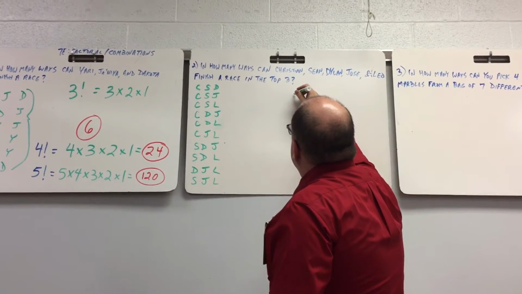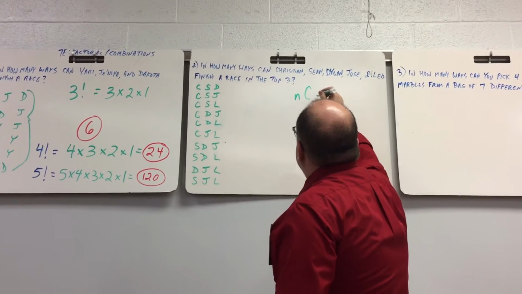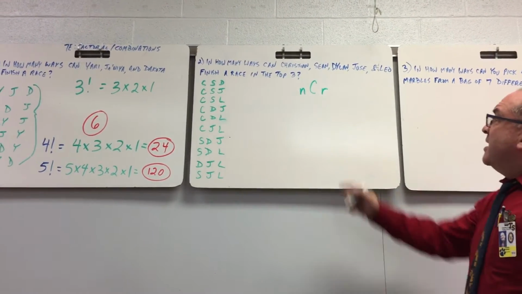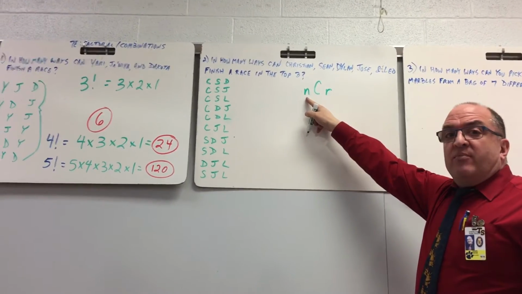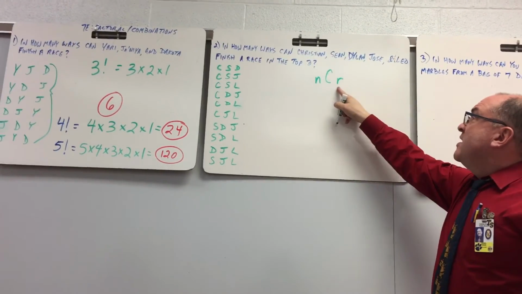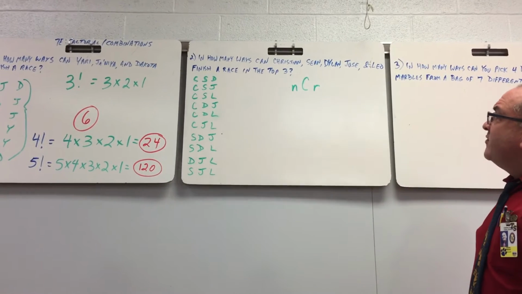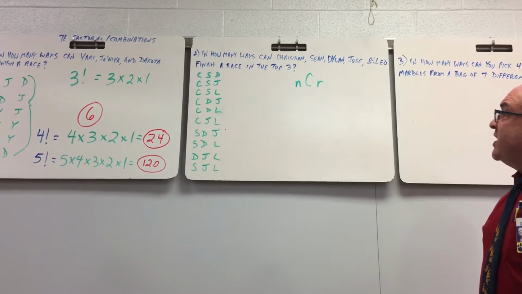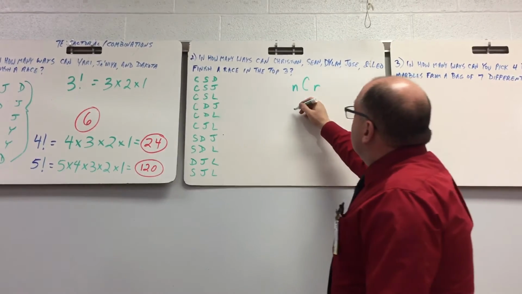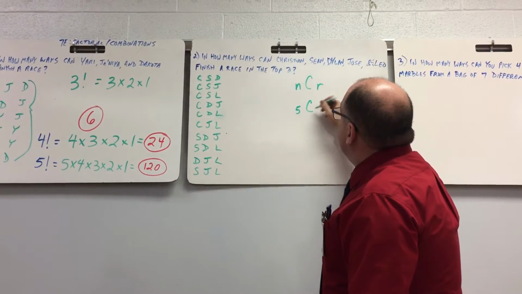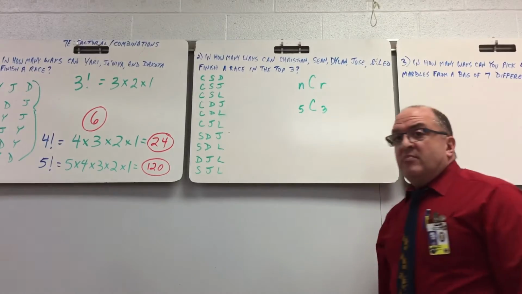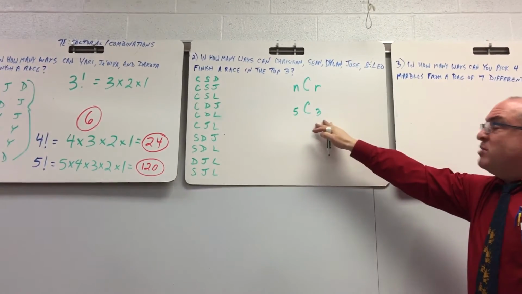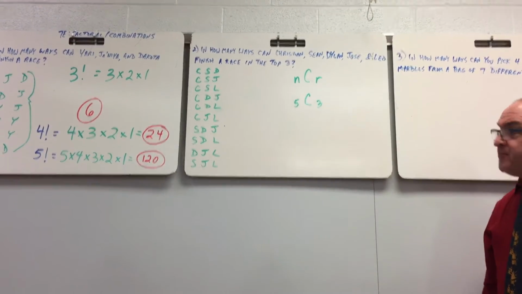Combination is written like this, nCr. Okay? n is the total number of people, combination, for r, number of possibilities. Okay? So for this particular case, it's 5C3. It's always the bigger number first and the smaller number second.